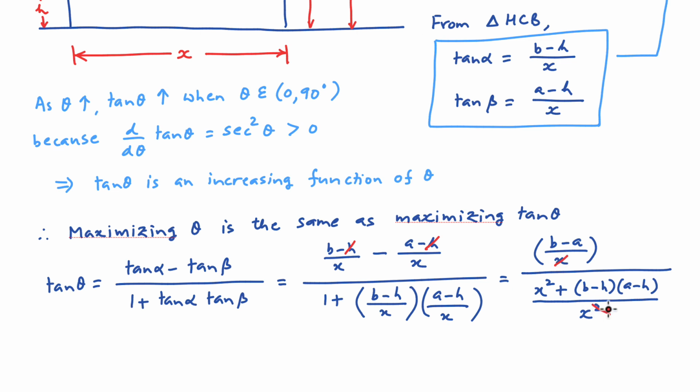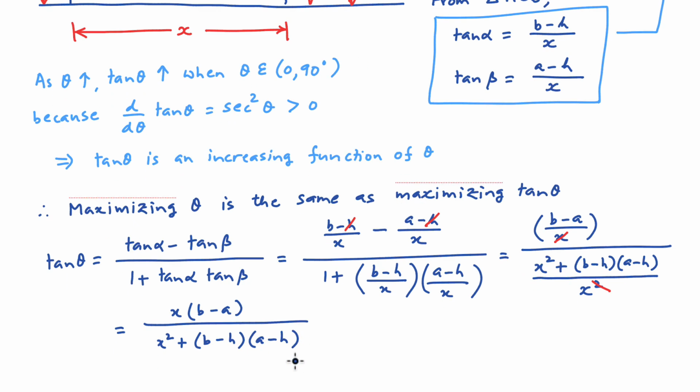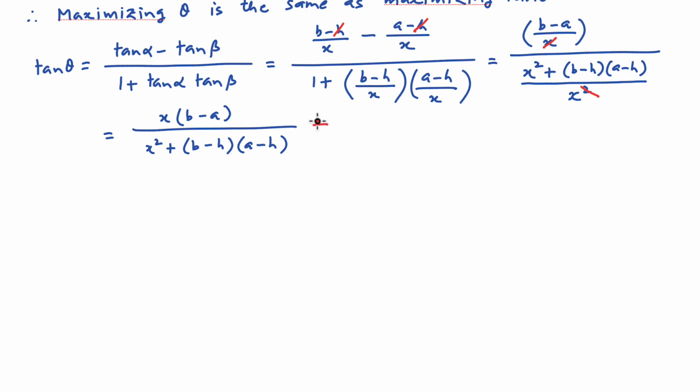And now multiplying both the numerator and the denominator by x, we get tan theta is equal to x times (b minus a) divided by x square plus (b minus h) times (a minus h). And this is the expression that we seek to maximize.